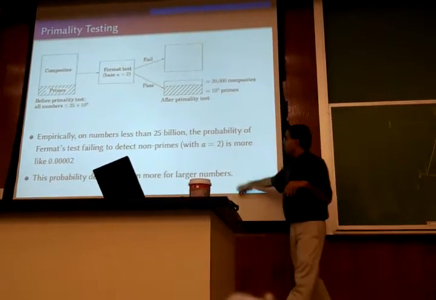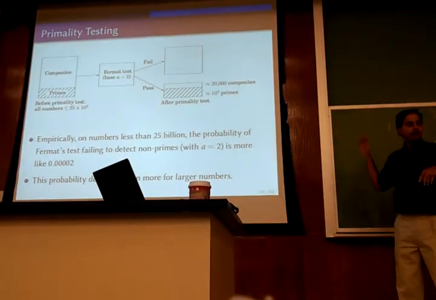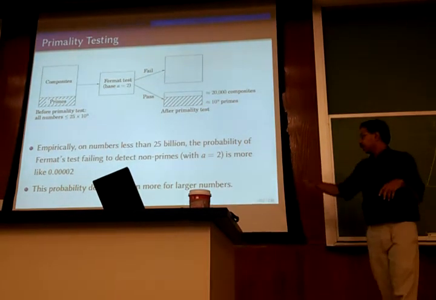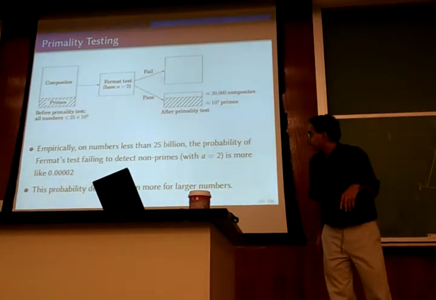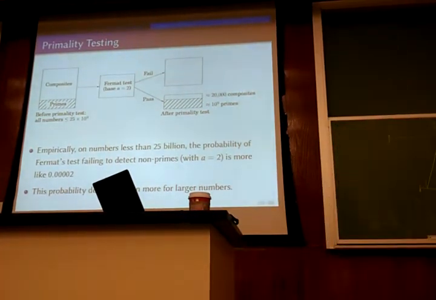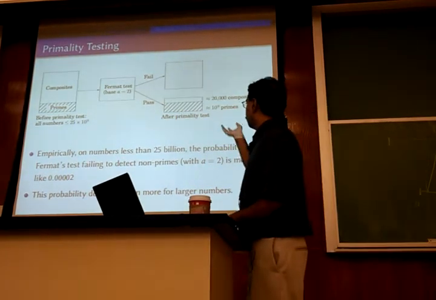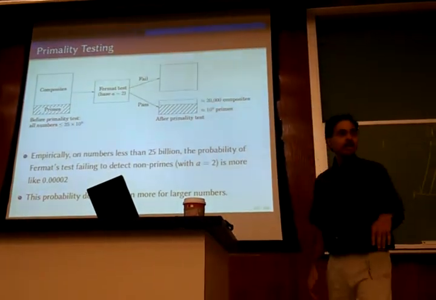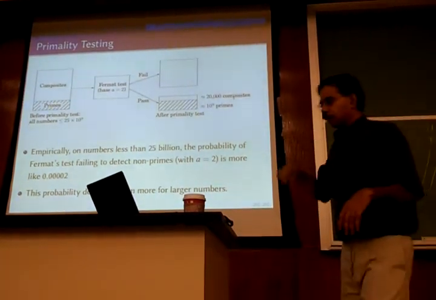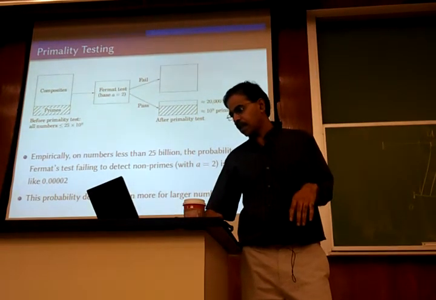So the actual probability, when you empirically compute it for the first 25 billion numbers, is something like 2 times 10 to the power minus 5. And that's a pretty good accuracy. And as it turns out, if you don't stop at billion, you go to trillion or quadrillion, then this probability of being incorrect reduces even more drastically.